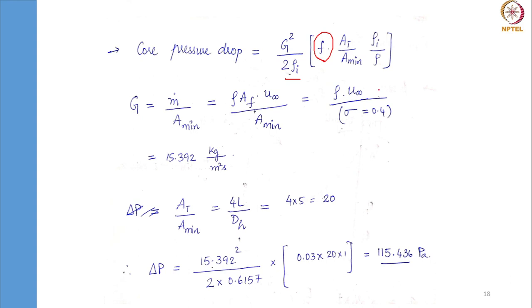Even rho i by rho is the same, it is 1. So the only thing that we need to calculate is this ratio AT by A min, and G. Rest all others are given.